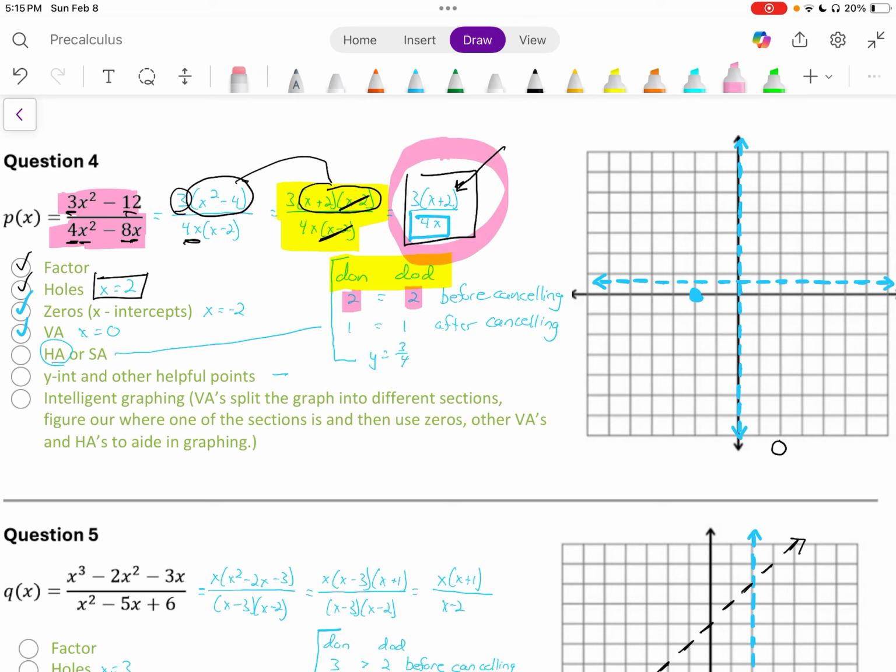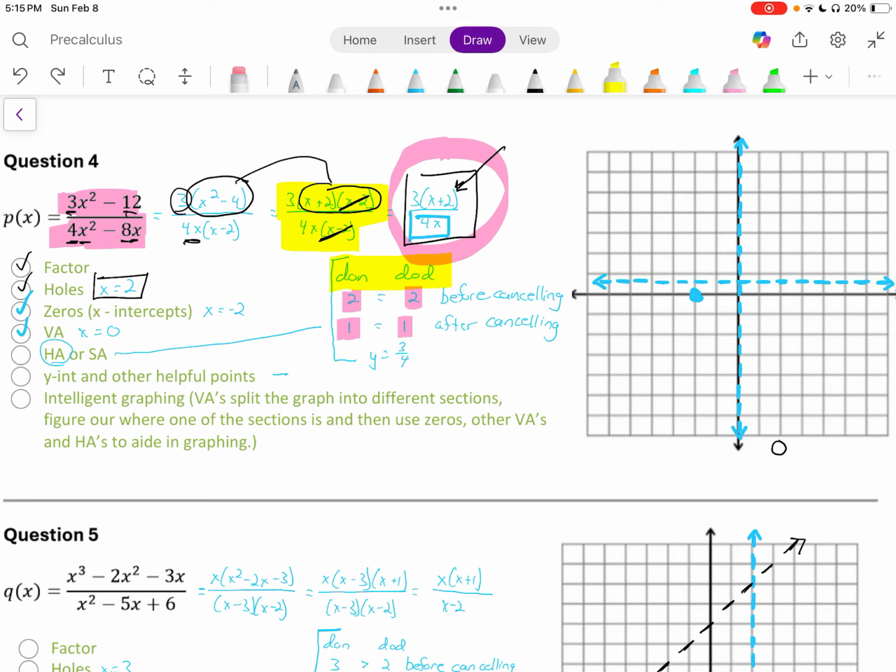The degree of the numerator is 1, the degree of the denominator is 1. So that also works. They're equal, but we look at the ratio of the leading coefficients. So we end up with 3 over 4. And so we put our horizontal asymptote at y equals 3/4. I did my best to estimate that on the graph.